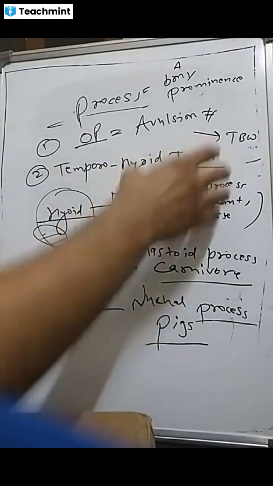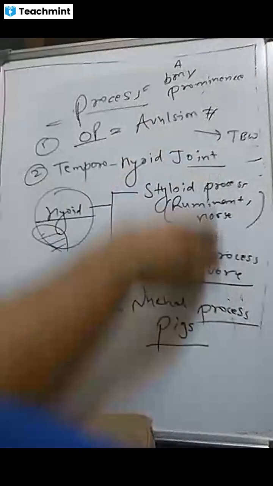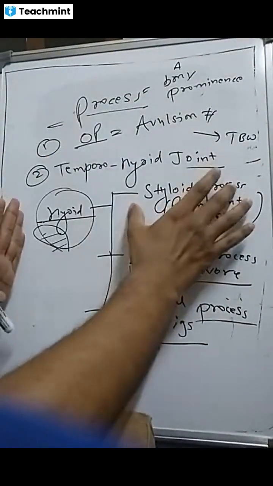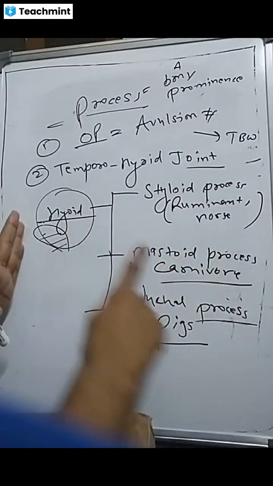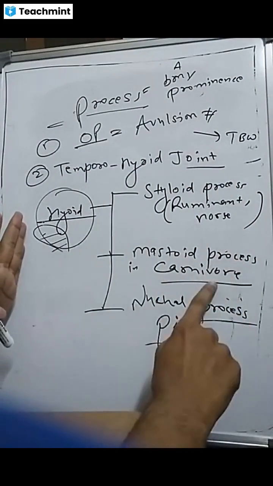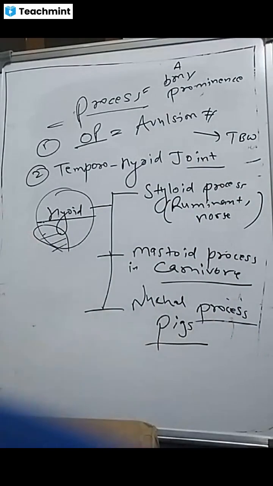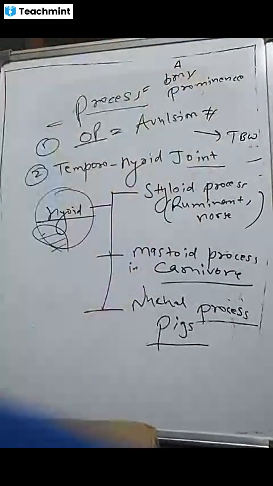So this is part of the skull, that is part of temporal. This is the hyoid apparatus. So this hyoid is connected with styloid process. This is connected with mastoid process in carnivore, nuchal process in pig. These are the processes. These are the bony prominences.